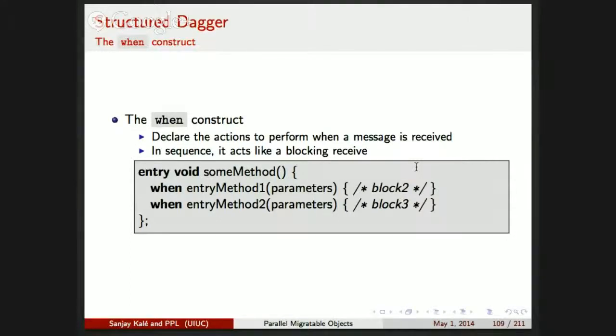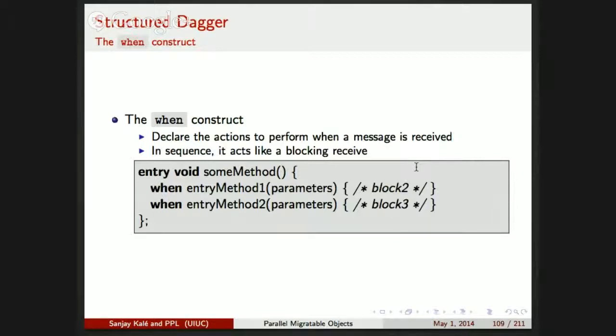Now these are sequenced, so if we receive entry method 2 before entry method 1, this message is just going to get buffered at the chare, and we'll wait to execute it until after we've done what needs to come first. So we're giving this explicit ordering that's easy to look at. You can look at this code and say, okay, first we're going to execute entry method 1, do whatever it does here, and then move on to entry method 2. So unlike before, where we'd have unordered sends and we didn't really know what order they'd be executed in, now we can constrain the ordering of events.